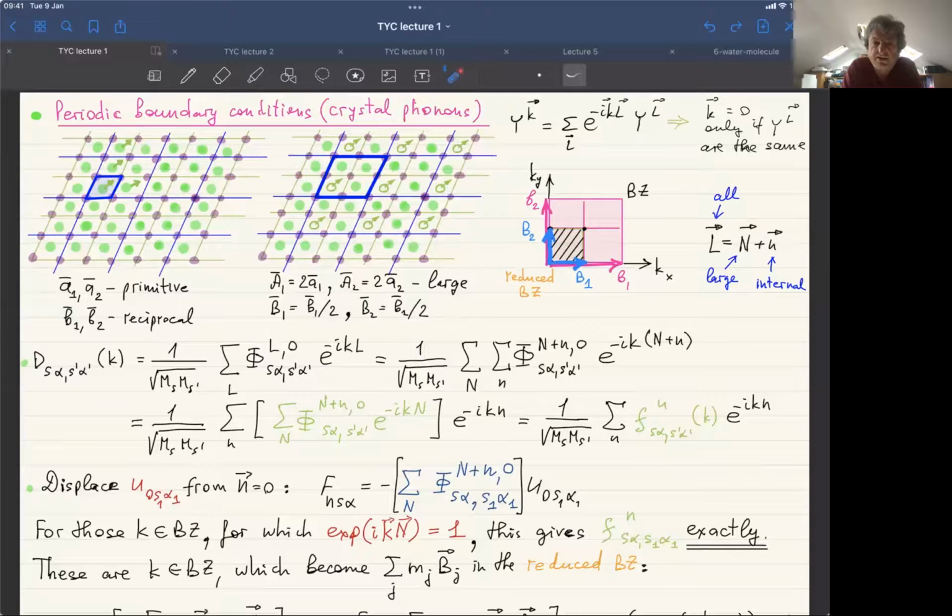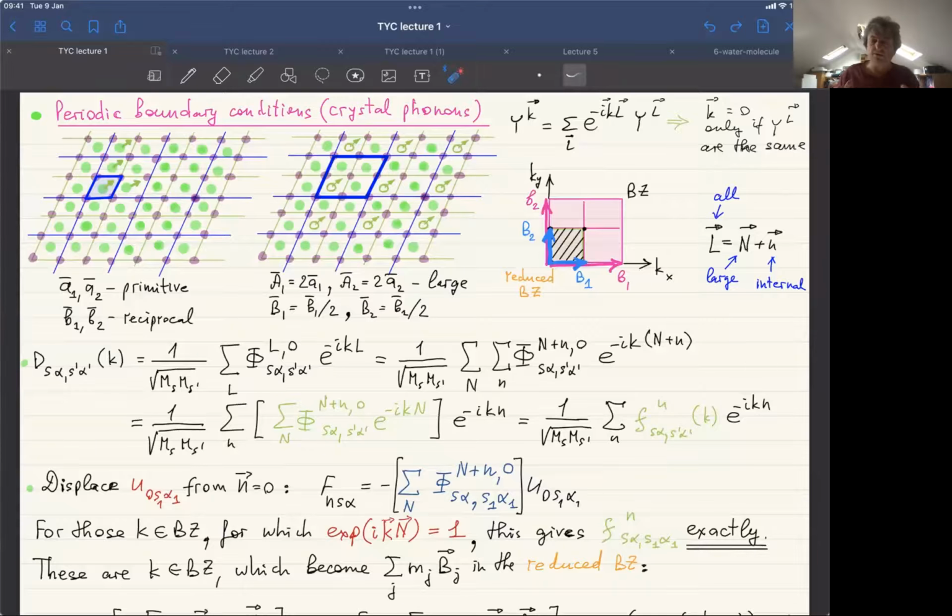If my displacements at different lattice sites are the same, so this Y of L doesn't depend on the L, I can take this out of the sum, and that thing here would simply give me a canonical symbol for K equals 0. So if I deal with a primitive unit cell, this one, and displace all atoms, therefore, in all cells in the same fashion, keeping the periodic boundary conditions, I have access only to K equals 0 phonons.